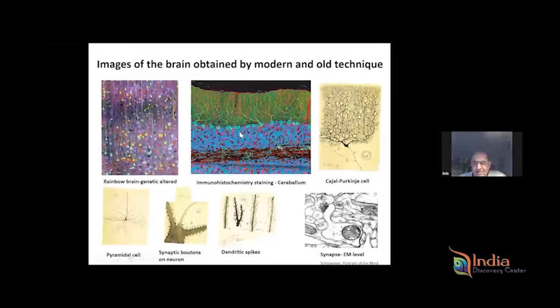The other part of the brain is the cerebellum, which shows, by immunohistochemical staining, the big Purkinje cells, the granular cells, and the neuropil, where the connection happens between the Purkinje cell dendrite, the granular cells, and the incoming afferent fibers as well.